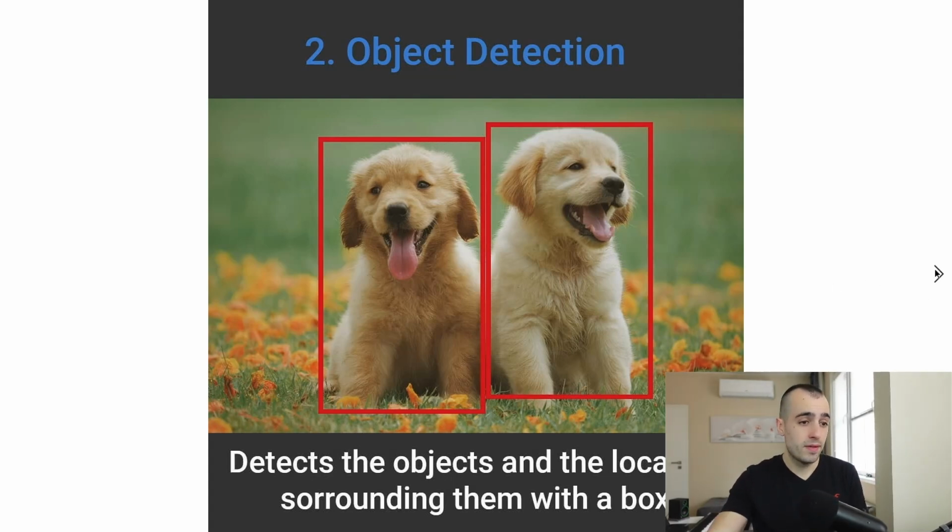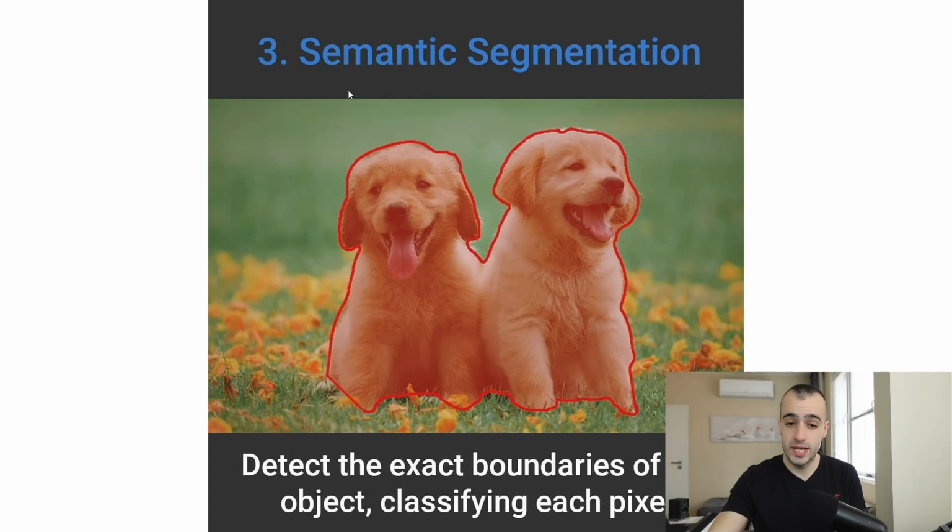Then we have third, semantic segmentation. Semantic segmentation is somewhat more advanced than object detection in the sense that we do not only detect the bounding boxes, but we have the exact segment of the objects.